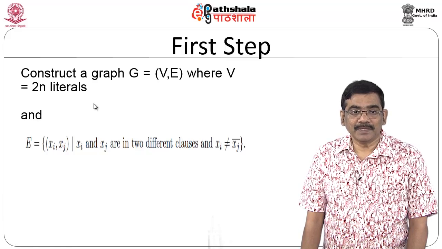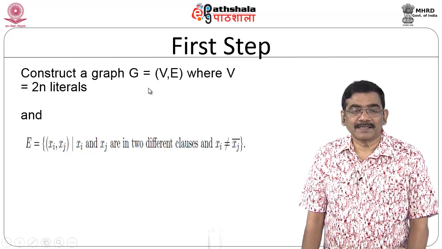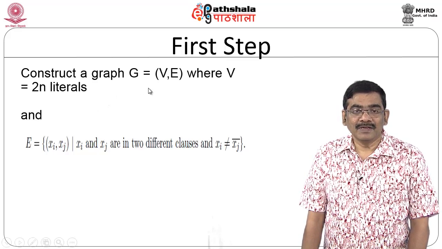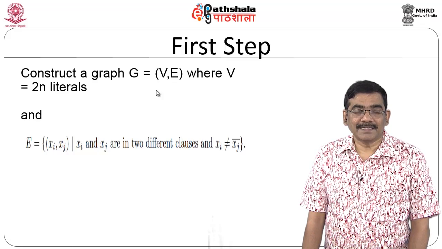So, what we are going to do is construct a graph using the formula. The formula has literals. You can recollect that literals involve both the original variable as well as its negation, that is x1 and x1 bar.